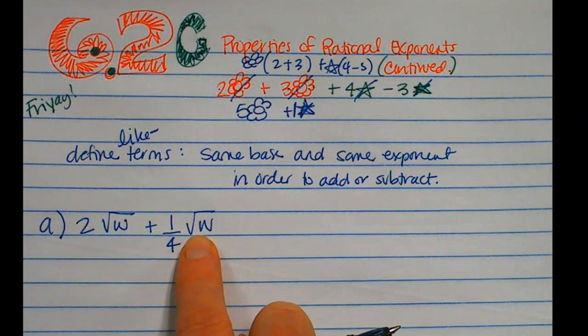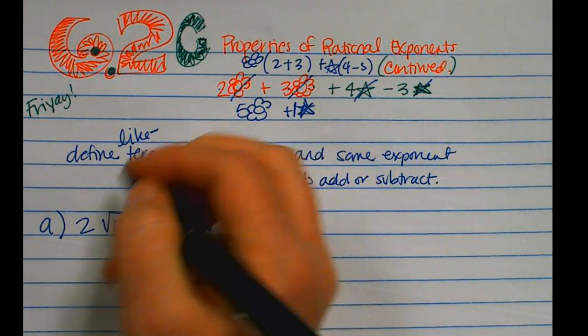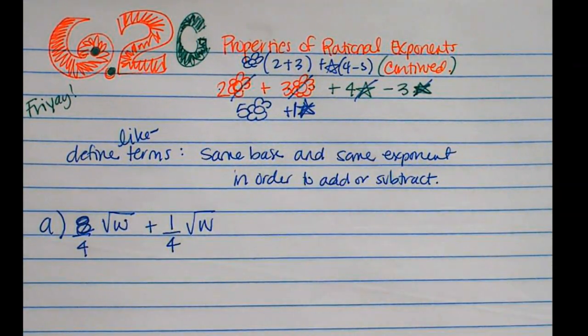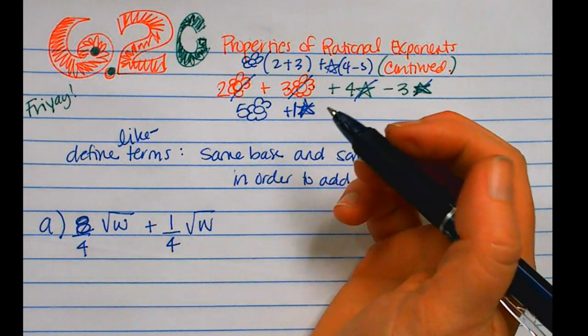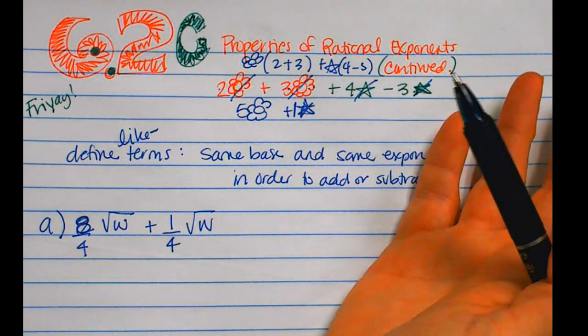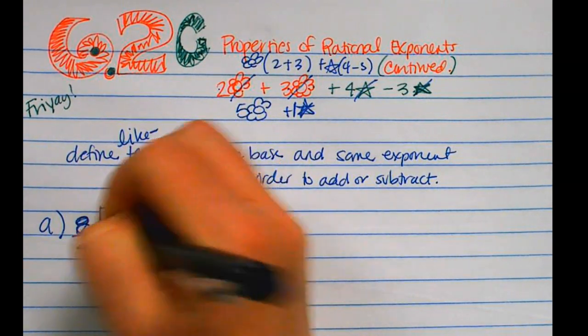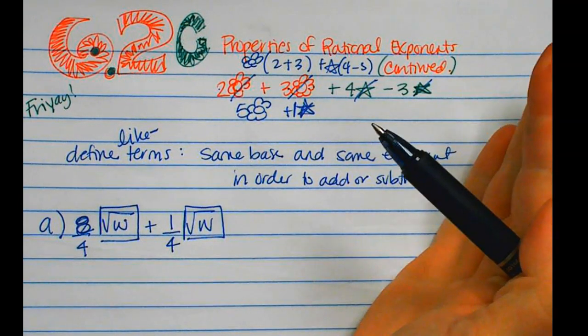And to add these together, I'd probably want to change this into, what, 8/4? That would be okay, right? 8/4 is equal to 2. And then I could say, well, how many square root of w's do you have? So this is the way I explain it without factoring, and some people like this method. I think about if I can take whatever follows the coefficient and put it in a box, like I've boxed it all up.